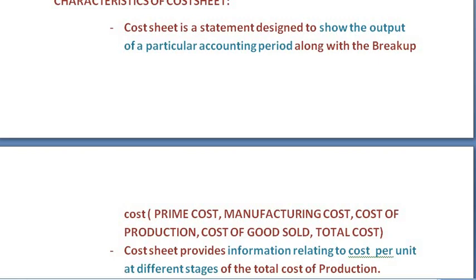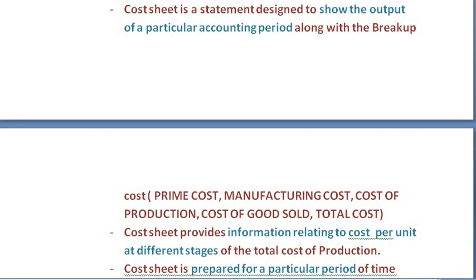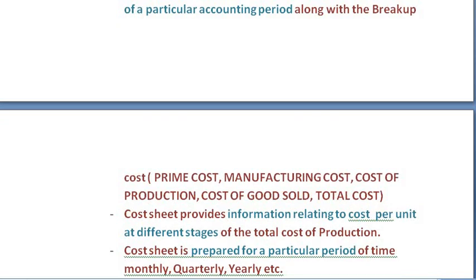In order to promote the sales, they incur some expenses in this division, that is selling and distribution overhead. Then at last we sell the product to a consumer, that we can call sales. All these aspects involved in the cost sheet we can call breakup of cost or elements of cost.